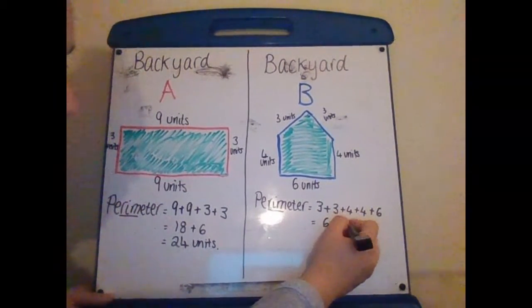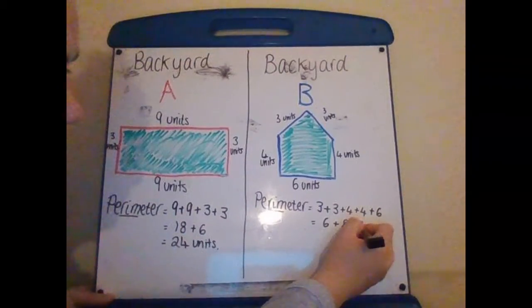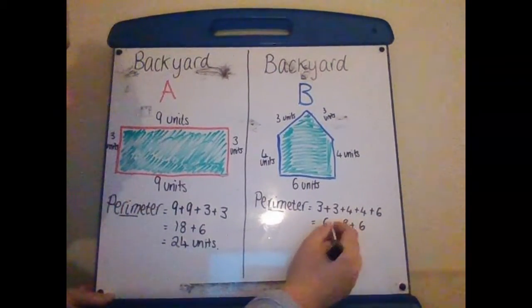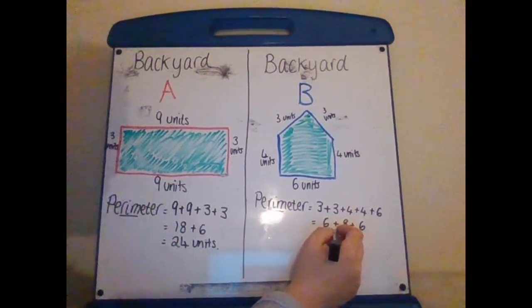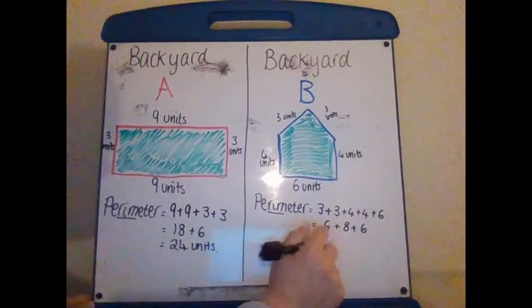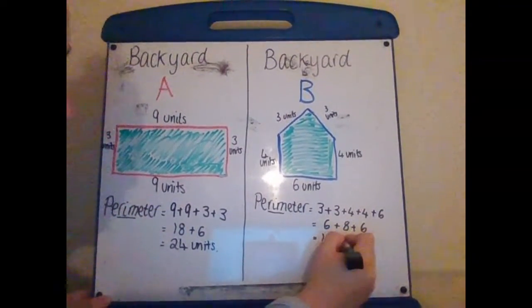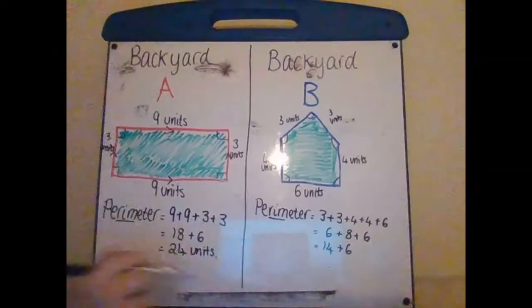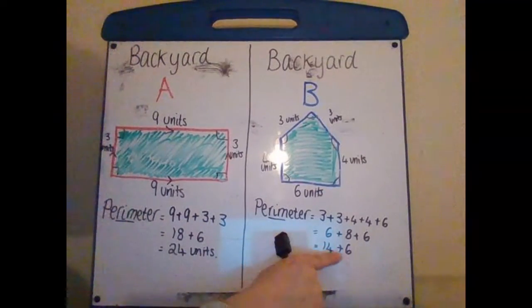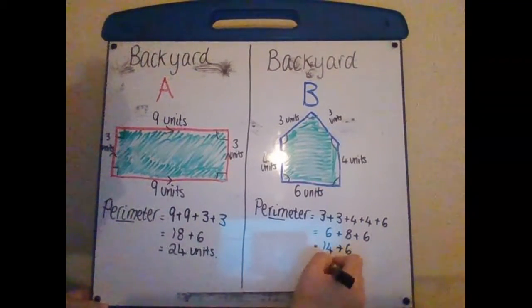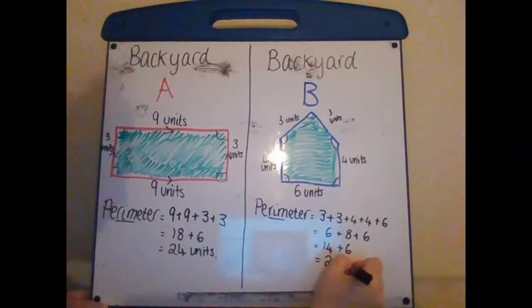Add 4, which is 8. Add 6. 8 add 6 is 14. Add 6. And 14 add 6 is 20, so that is 20 units.